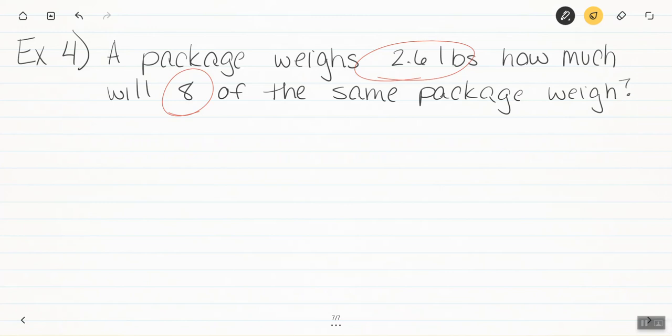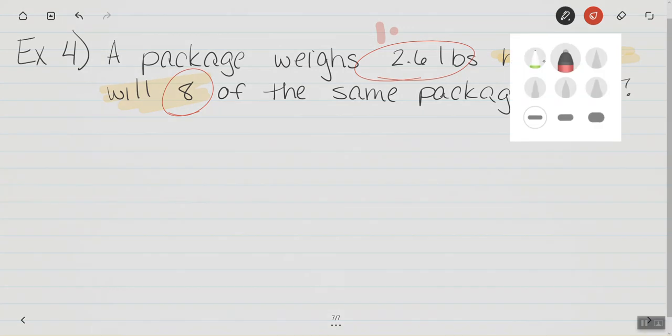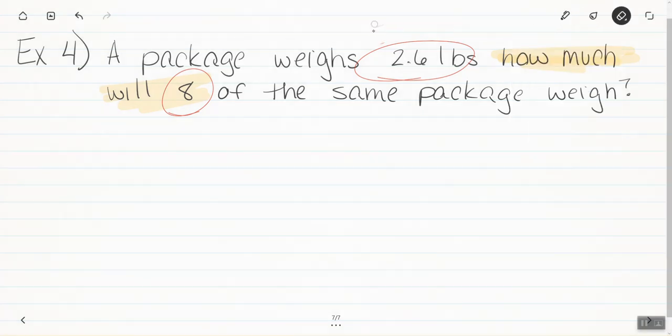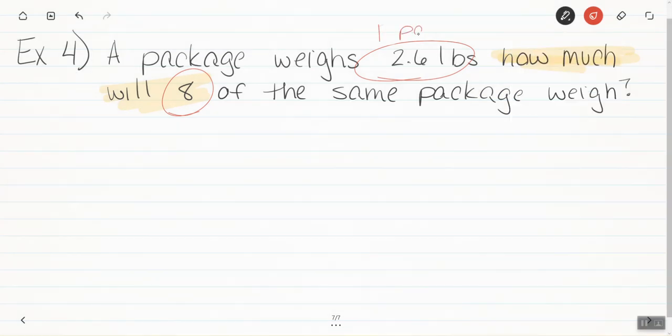How much will 8 of the same package weigh? So for this one, I'm saying how much will 8? Because I know that this is one package. And I need to change it into the 8 packages.